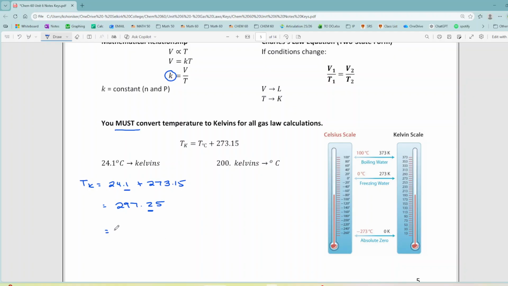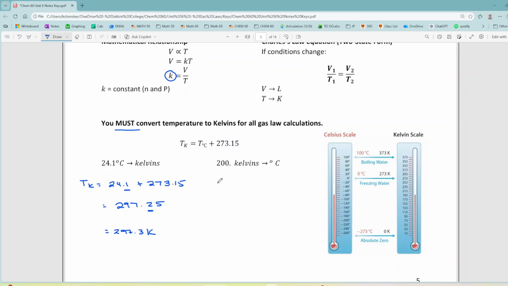If this is a final answer, I would say 297.3 kelvins. So this thing that started as 3 sig figs is now 4 sig figs, which generally is what will throw you off in future calculations, because you'll look back and say, oh, in the question I had 3 sig figs, but we actually used it as 4.